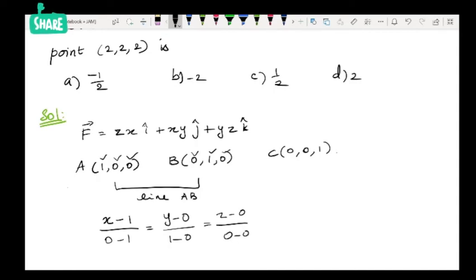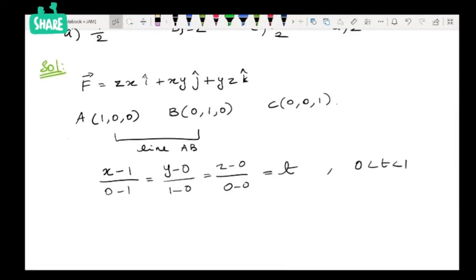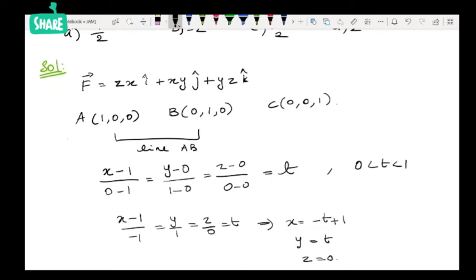And these ratios will be equal to a constant t, where t is between 0 and 1. So equating these separately to t, before that let me simplify it. So x will be minus t plus 1 and y equal to t and z will be 0. So this will give the equation of line AB.